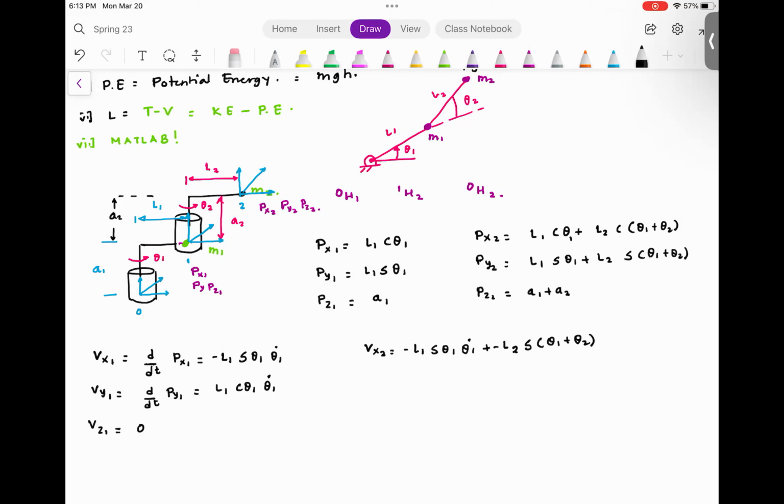Please understand, you have this cosine of theta 1 plus theta 2, so I need to take the derivative of this. So there are different ways of solving this. You can actually expand this and solve.